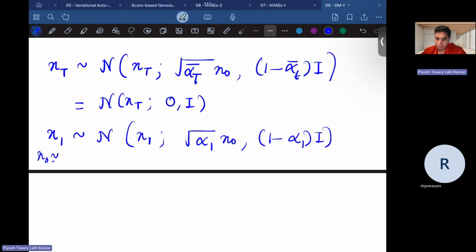It's not exactly equal, but since you are on the first step of the noising process, the noise is not very visible.